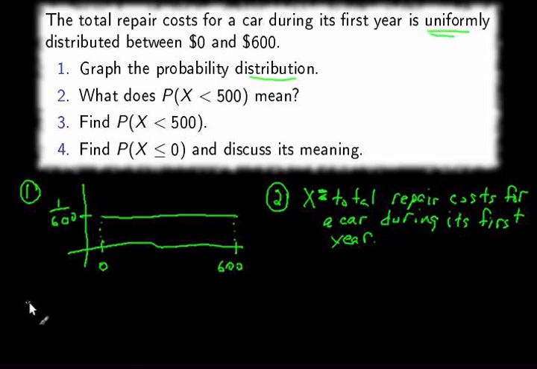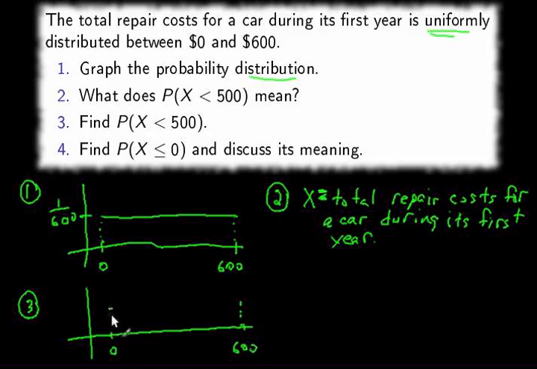And now we can actually calculate that probability based on the probability distribution by shading in an appropriate area on the graph. So we'll make another copy of the graph here, and put on it the area that represents this probability, the probability that x is less than 500.